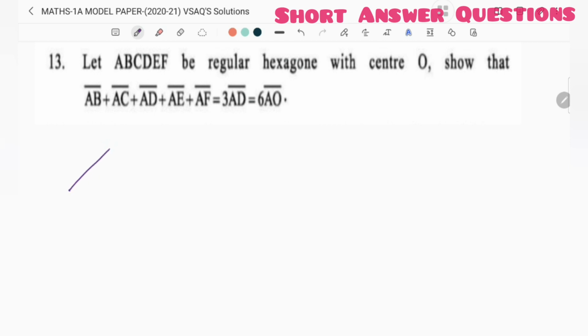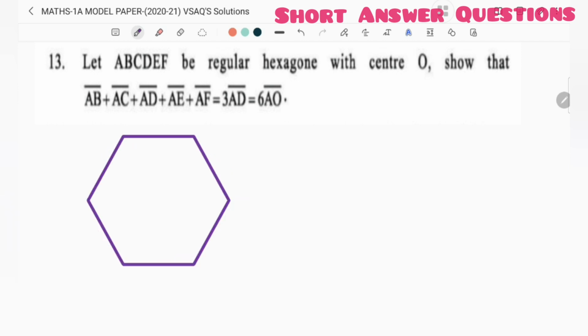Observe carefully. This is the regular hexagon with center O. So join.